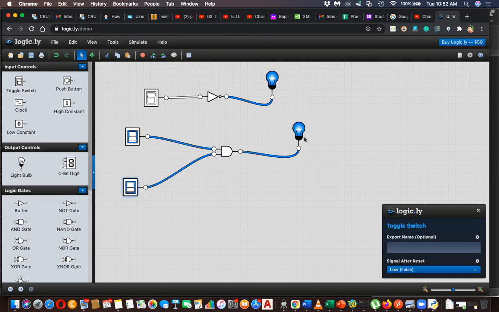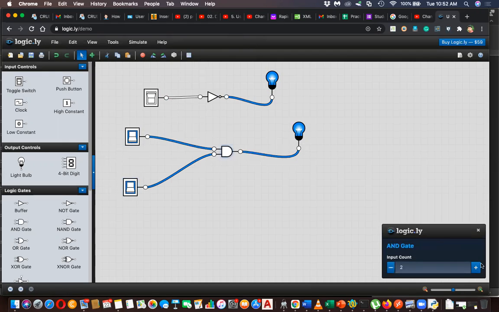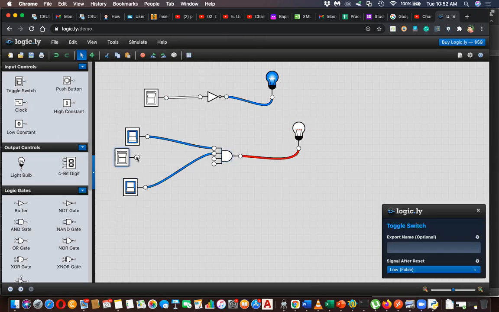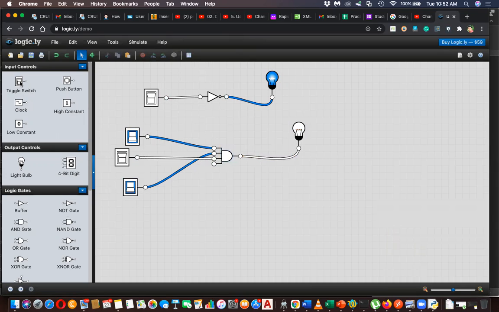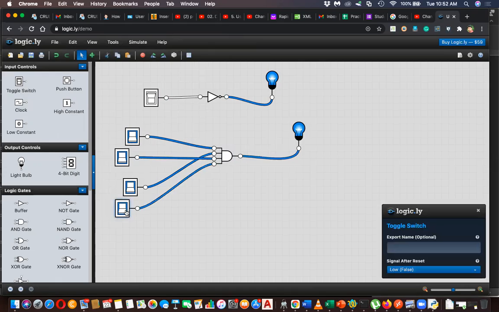If there are 3 or 4, all 4 need to be 1. Then only it is 1. So that is the easiest way to remember AND gate. If all are 1, it is 1. If at least 1 is 0, it will become 0. Understood?